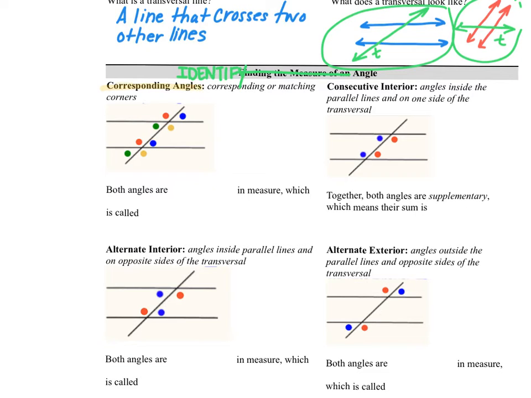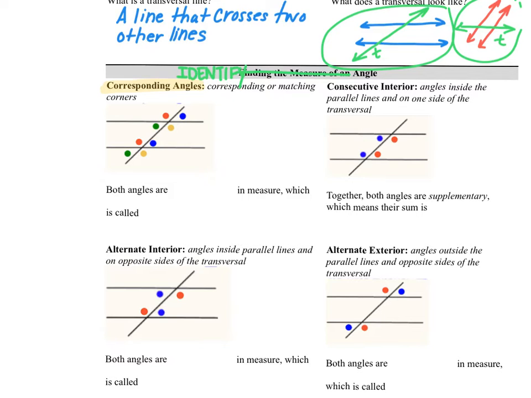is corresponding angle. So go ahead and underline that or highlight it if you have a highlighter. And corresponding angles is when they have their corresponding or their matching corners. So for instance, if you see here, for this one, these two blue, they correspond to one another.